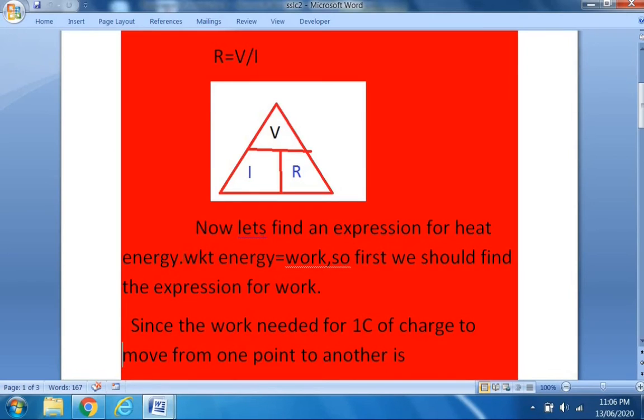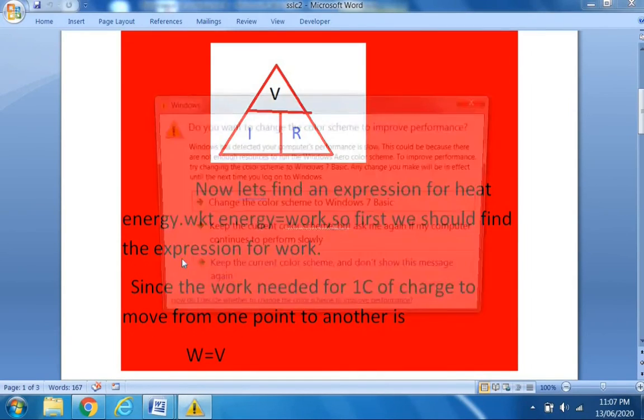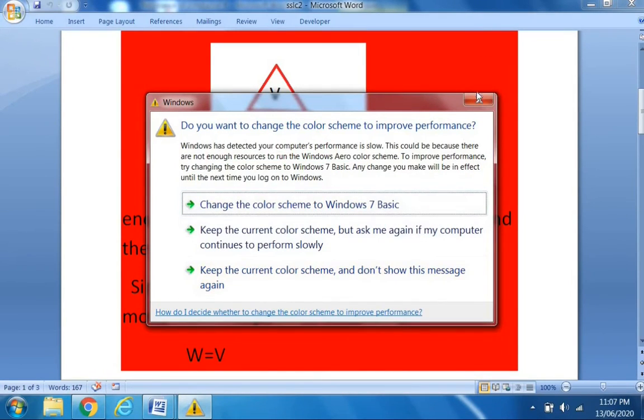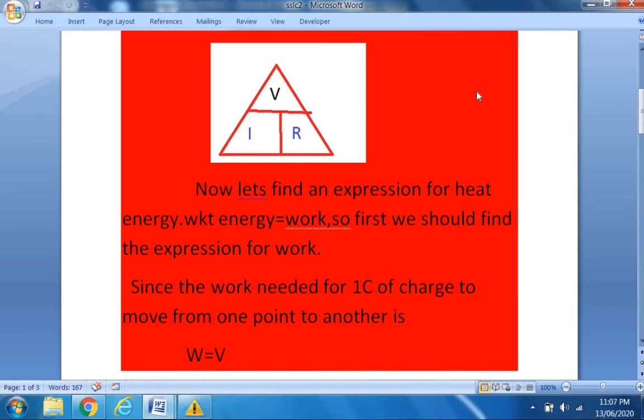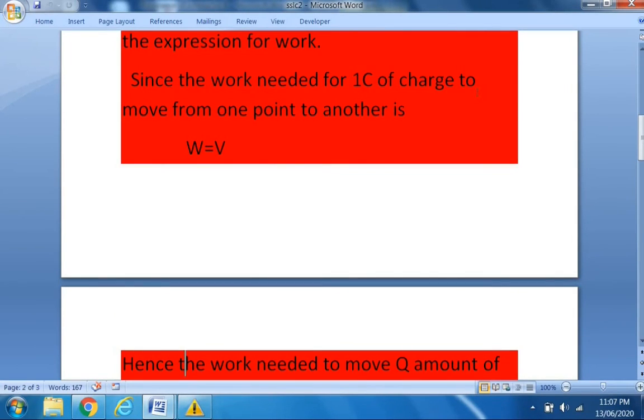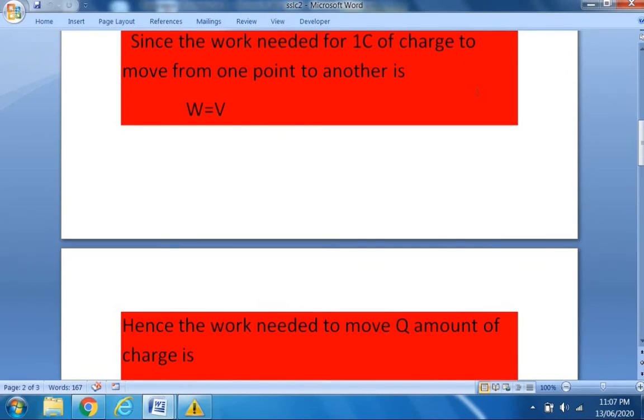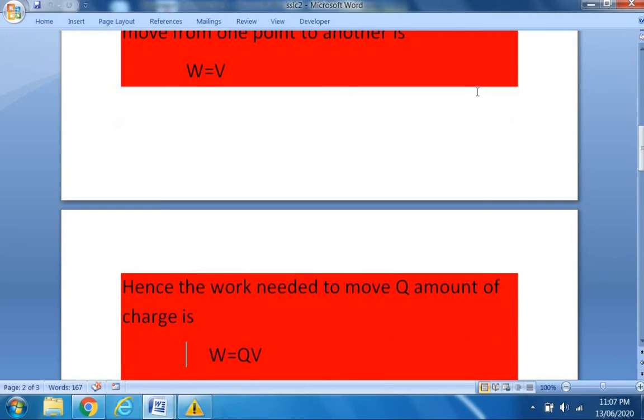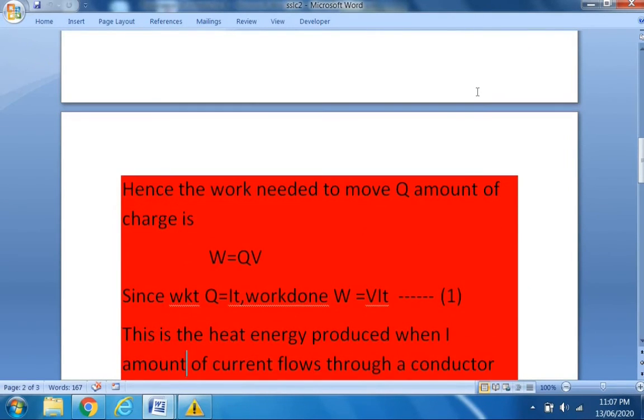We know that energy is equal to work done. So first we should find the expression for work. From the explanation for potential, the work needed for 1 coulomb of charge to move from one point to another is W is equal to V. Hence the work needed to move Q amount of charge is W is equal to QV.